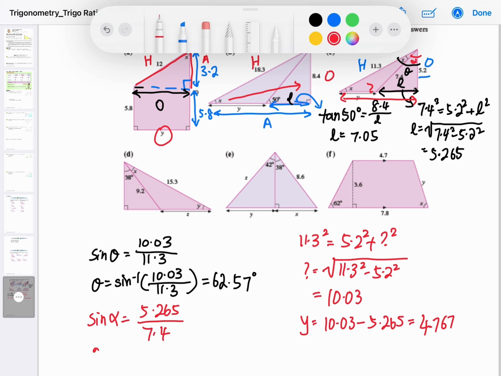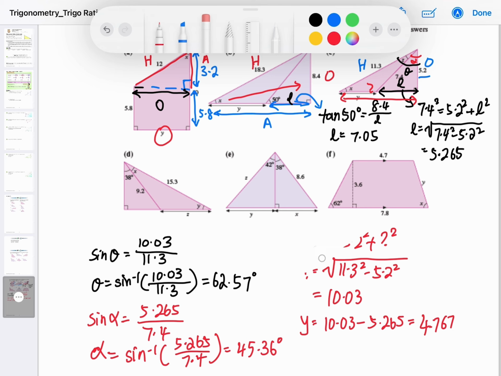So alpha equals sine inverse of 5.265 over 7.4, which is 45.36 degrees.